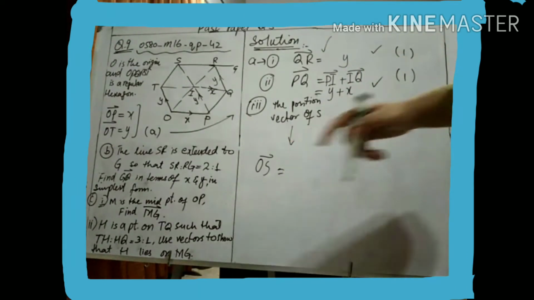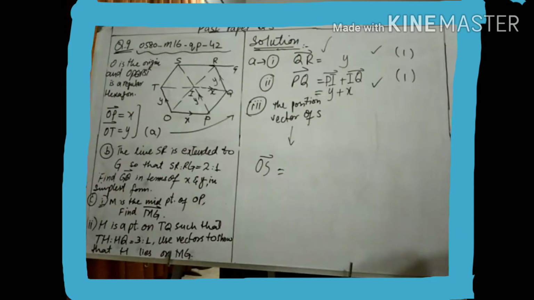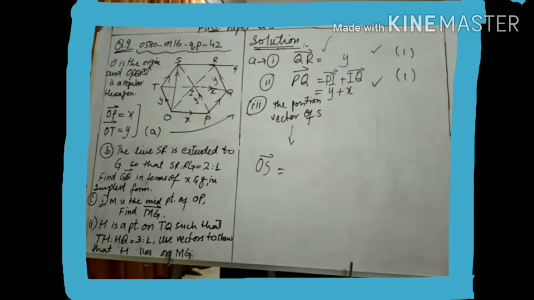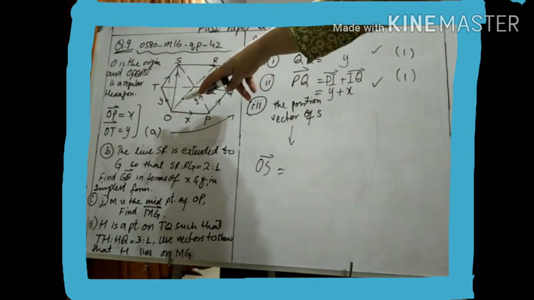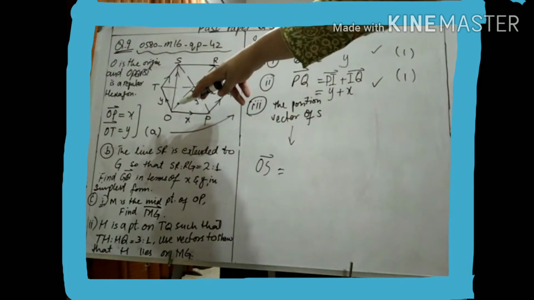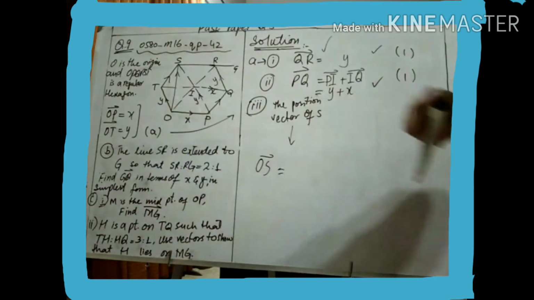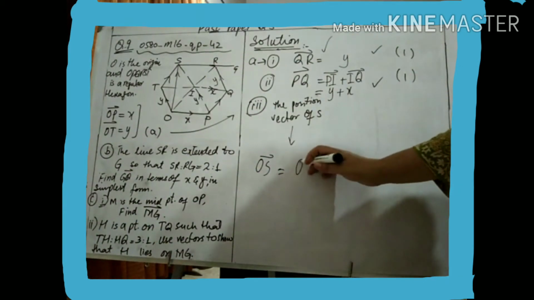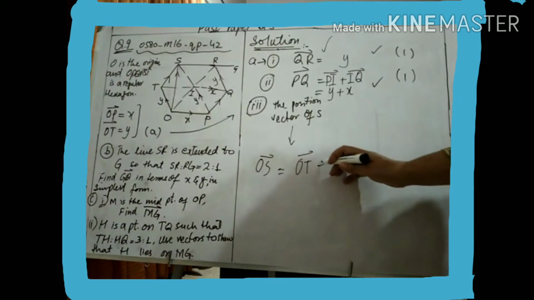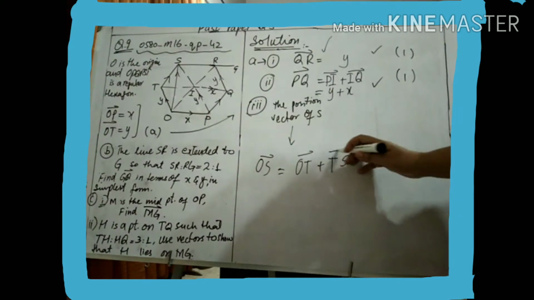Now for the third part, OS is the position vector. Let me draw this vector in the hexagon. This is the vector OS. O is the starting point, so we will move from O to T, then T to S. So this position vector is the sum of OT and TS.